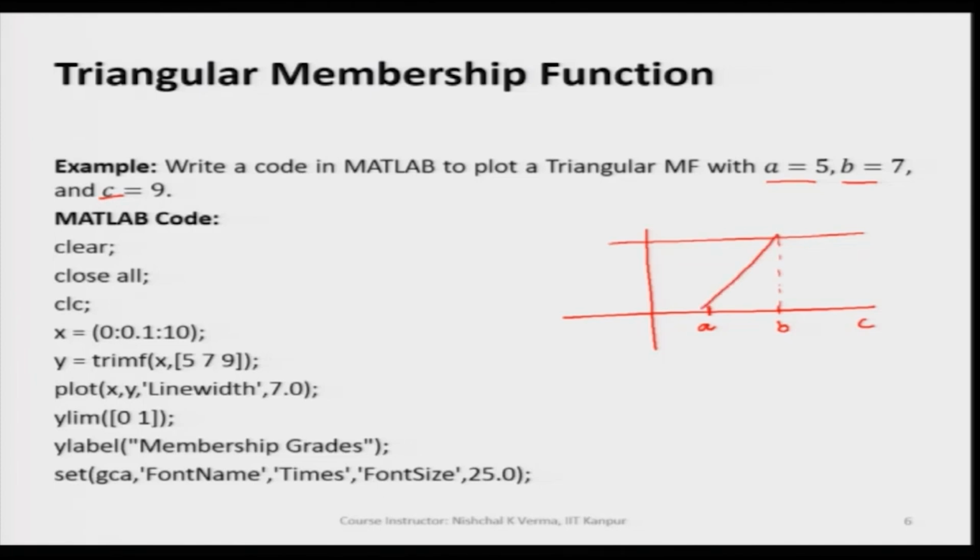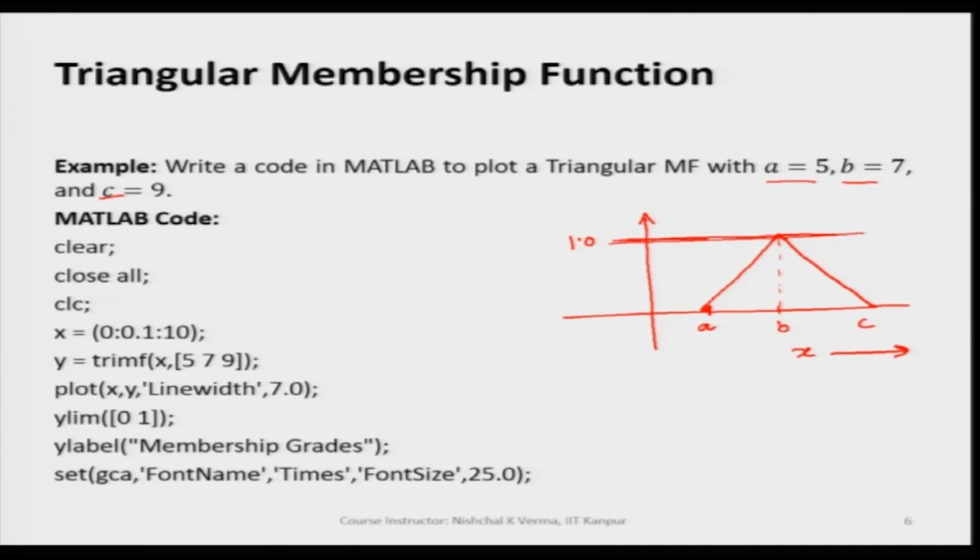If this is a, and this is c, it starts from a and goes up to c, where x is the generic variable and here is the membership value. The highest membership value that it attains is 1. So, the vertex touches at 1.